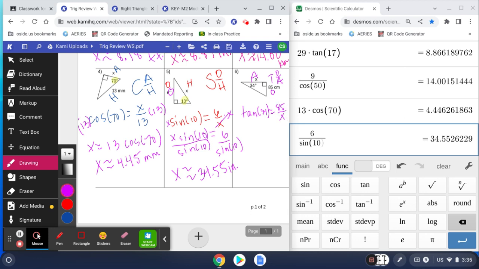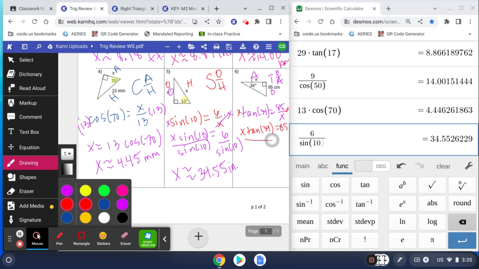And it's another x on the bottom. Multiply by the x. Divide by the tan. What you're actually plugging into your calculator right now is 85 divided by the tan of 34.